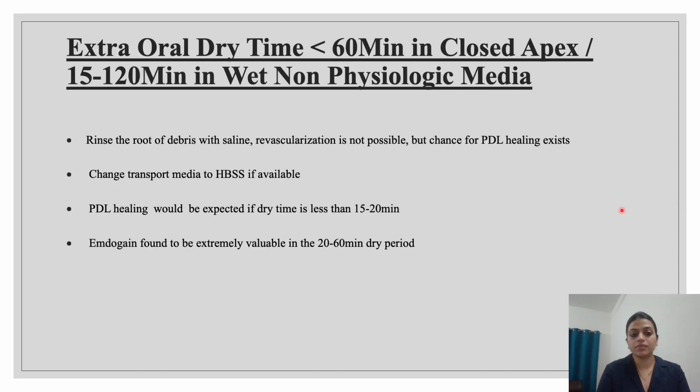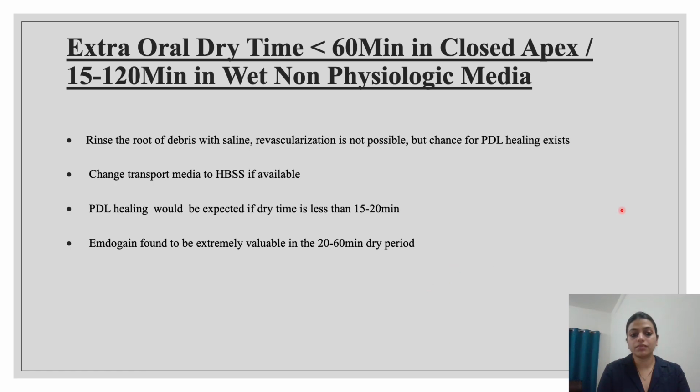So there are a lot of factors. Like I told, the most important ones are the extraoral dry time and the storage medium in which it is kept. So based on that, we'll discuss the treatment plan for each one of them. So if the extraoral dry time is less than 60 minutes in a tooth which has a closed apex, or 15 to 120 minutes in wet non-physiologic media, then we should rinse the root of the debris which is there with saline.